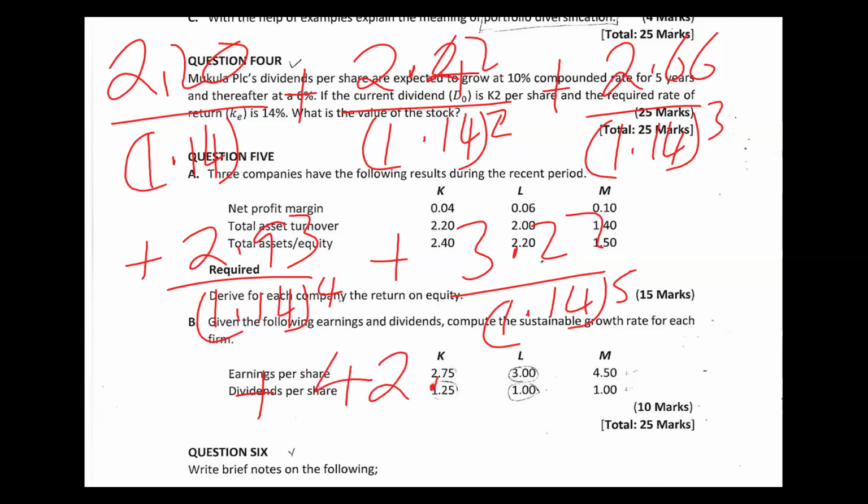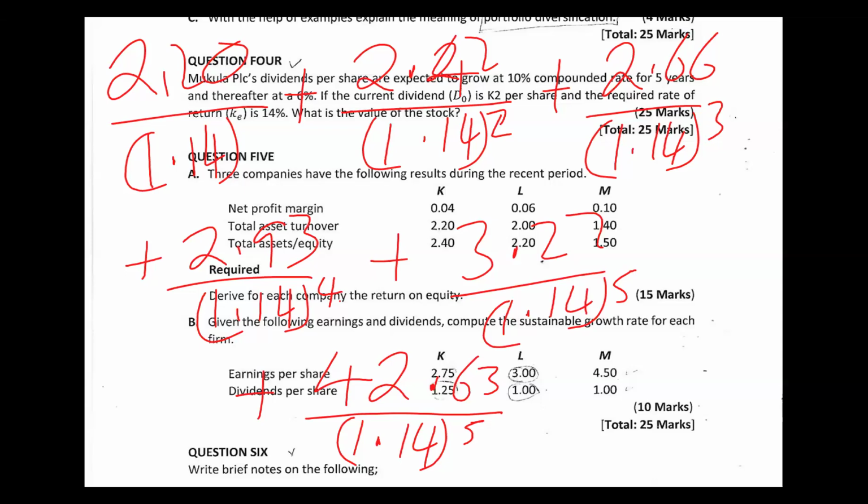42.63, divided by 1.14 and discounted after 5 years. Just repeat when you reach year 6. Yes, in year 6, what we need to do is to find the terminal value, right?